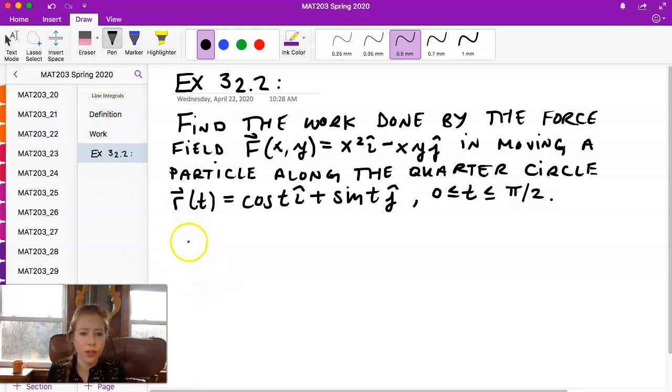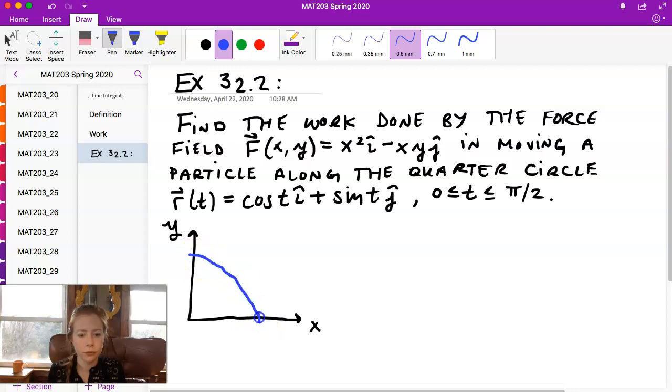So if we were just going to do a little plot of this, y versus x, we're going to have our quarter circle. And then our field, which is x squared i hat minus xy j hat, is going to look something like this. It's going to start out pretty tiny down here, and it's going to get stronger as we move away, as we get more positive.